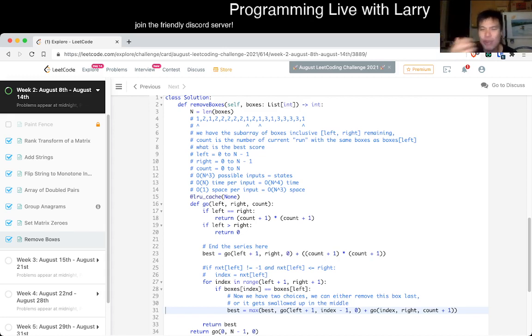Because there are probably 20 videos out there on remove boxes, and some of them are going to be good. My goal is not to create the 21st good video of remove boxes. My idea is to create a new, different thing where you're like, okay, Larry is solving this problem. Let's see where he stumbles, how he fixes, like he gets stuck, and then I fix it while I'm getting stuck, right?